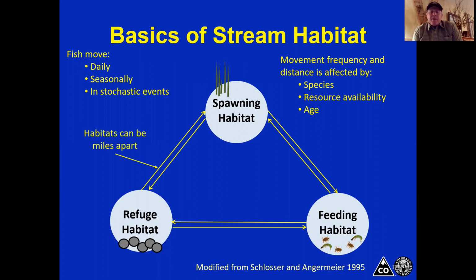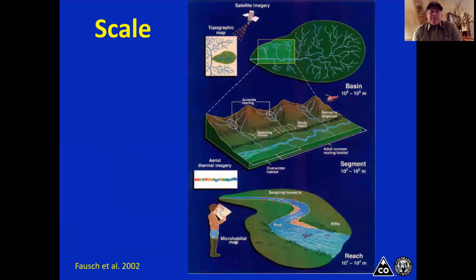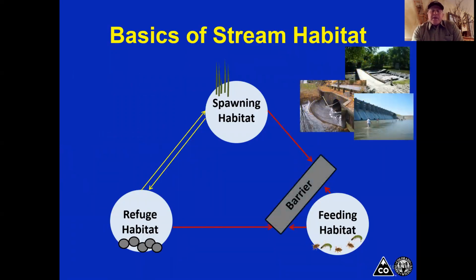Habitats can be many miles apart, so spatially they can be very separate, and because of that, barriers can be very destructive toward interrupting the ability of fish to find food, spawning habitat, or refuge.